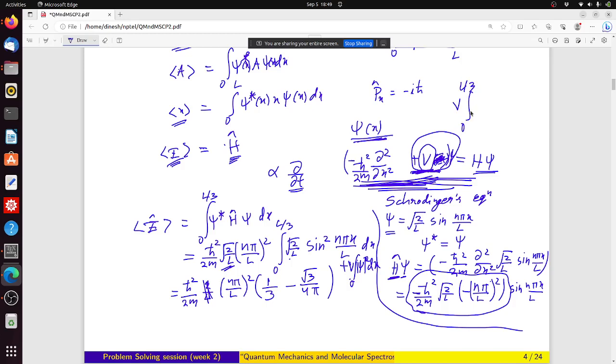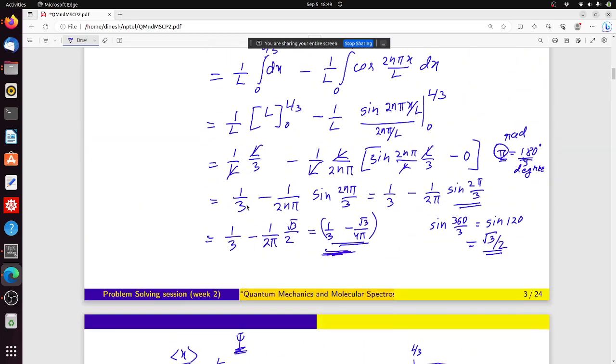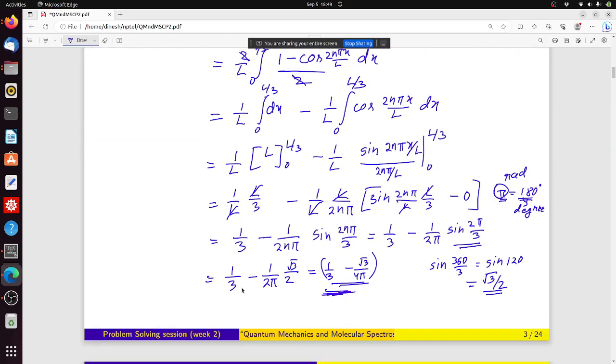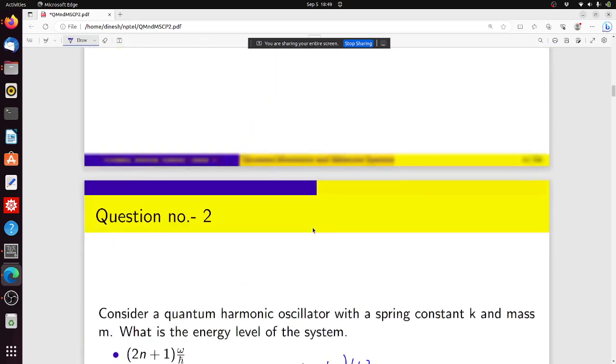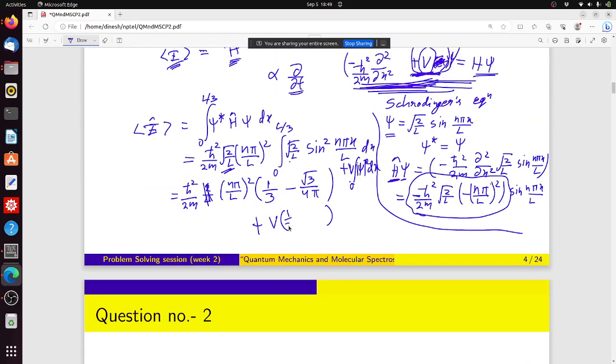V you can take out, and this is mod psi square dx. Okay, so it will come to some value, and this integration of psi square. So I made some mistake last time.